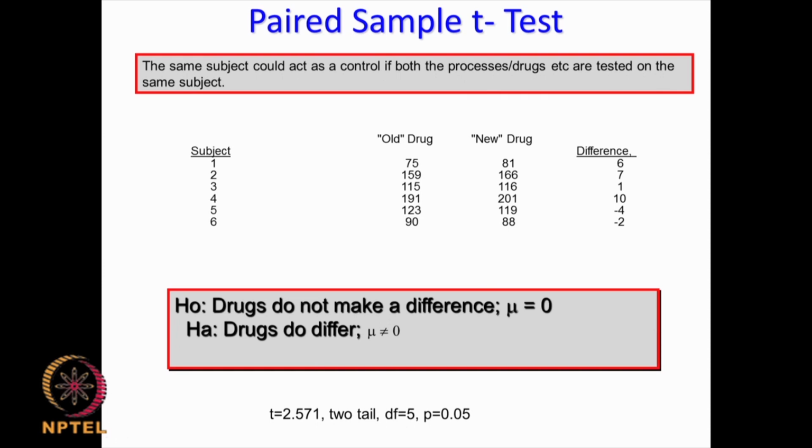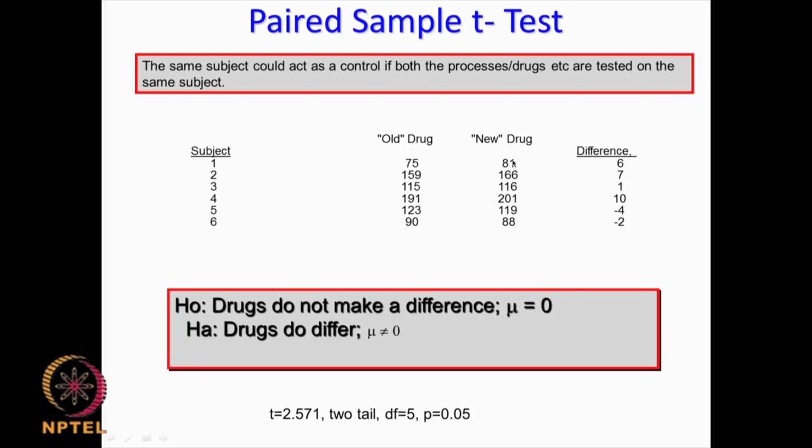So the important point is I should give sufficient time so that the effect of the old drug or old treatment or old assay gets completely washed out, and then I am testing the new drug and I am seeing again the effect on the same 6.